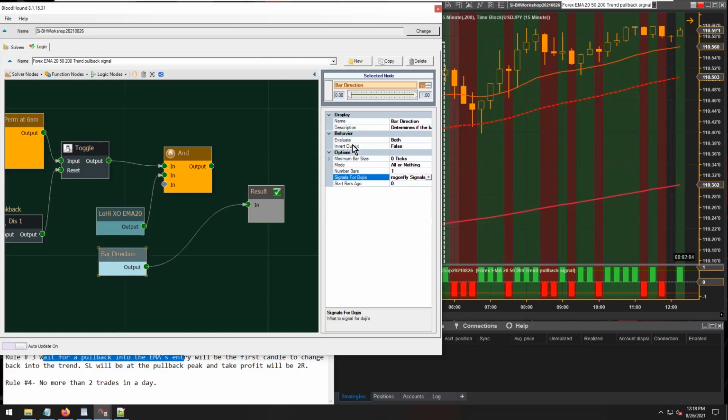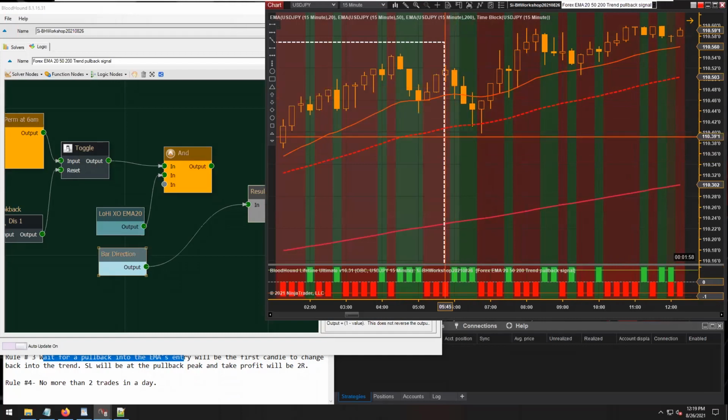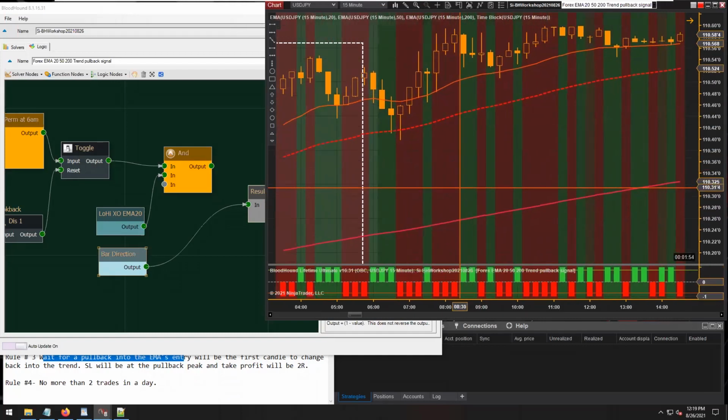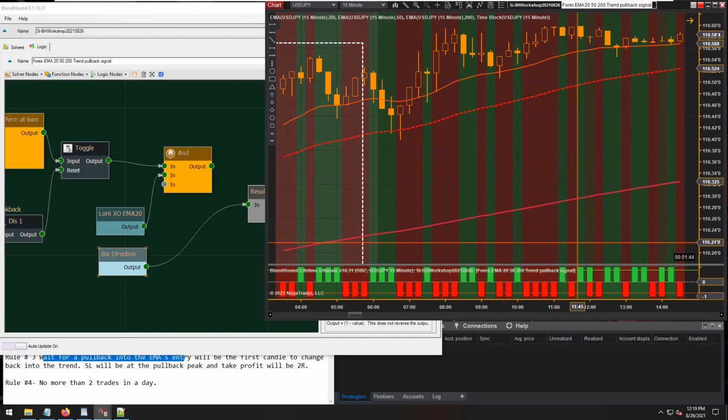Yeah, I was thinking of just inverting the output here, but the problem is we might get a doji bar. It is possible to get a doji bar. Yeah, like right here, this doji bar. Well, actually, you know what? That's okay. That doji bar will generate a long and a short, because there's no bar direction for a doji.